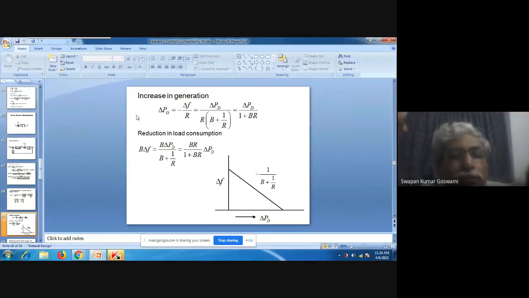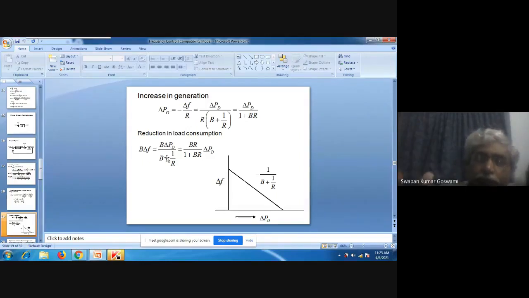So from that stored energy, the generator will be delivering power to the load. As a result, immediately after the load is switched on, the power will come from the stored kinetic energy of the rotor. Is it clear? Stored kinetic energy of the generator rotor.